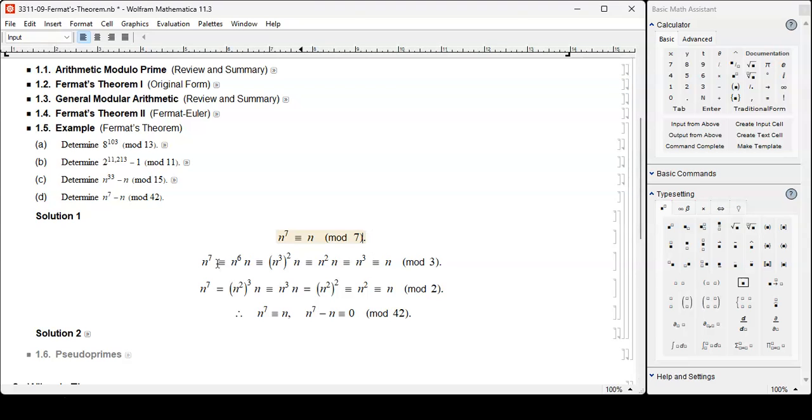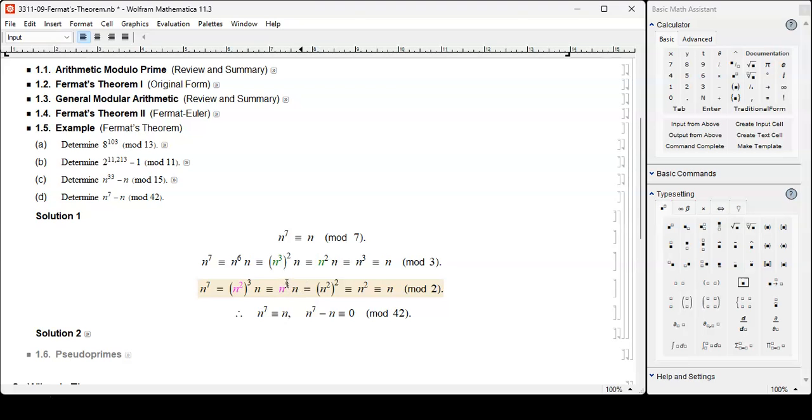And then mod 3, 7th power, bring out to 6 power times n so that we get a third power. But third power goes down to just the first power n. So n second power, third power again, and going back to n. Next, mod 2, 7th power, second power to the third power, but second power is going down to just n.